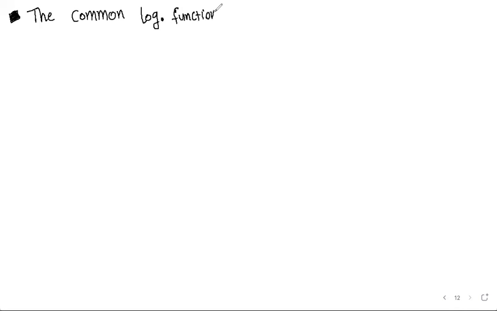So what is the common logarithm function? It is the logarithm function to the base 10. If it is the logarithm function to the base 10, this is called the common logarithm function.